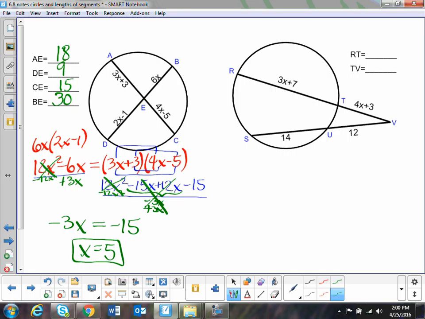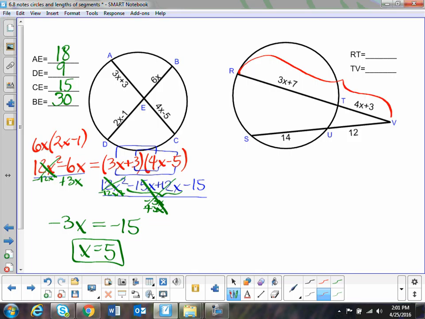Okay, what should we write down first? Before I do the formula, I told you this is a good strategy to do. Add these two up, because we're not going to do RT, we're going to do RV.